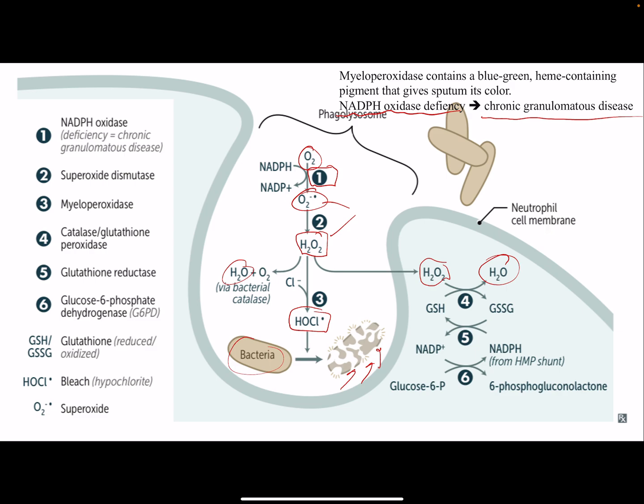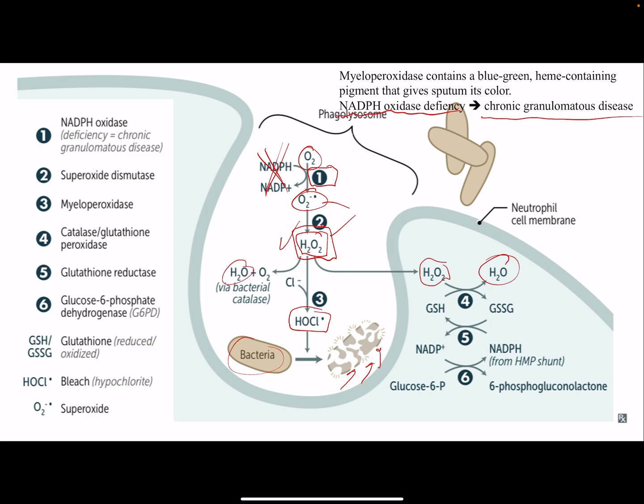So if somebody does have a disease where they have a defective NADPH oxidase, bacteria actually sometimes have hydrogen peroxide, H2O2. So, we can't do this first step, but you know what they'll do? They'll just commandeer the bacteria's hydrogen peroxide and use that against its own producer, the bacteria, and make HOCl bleach, and that'll kill the bacteria.